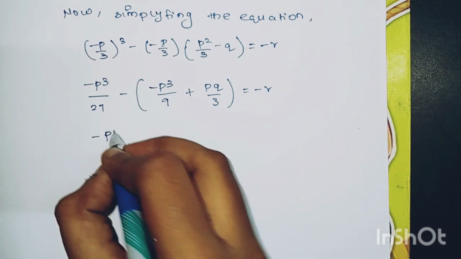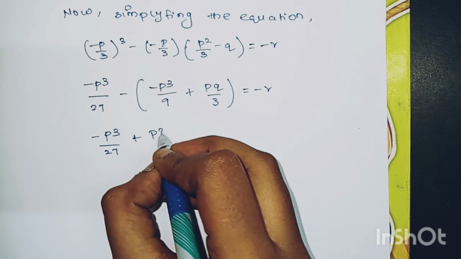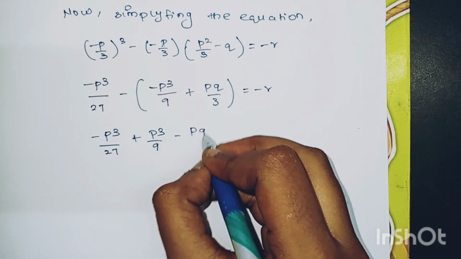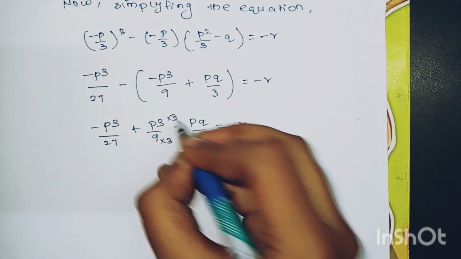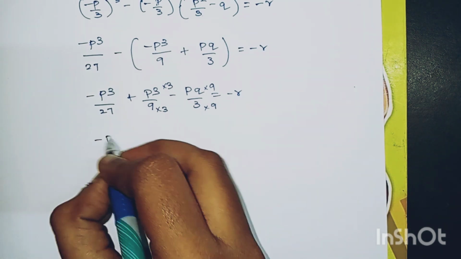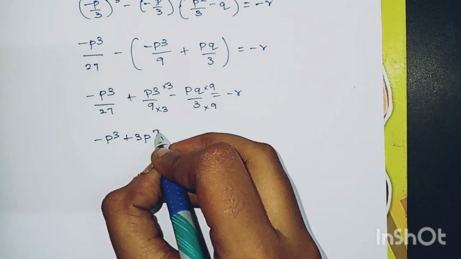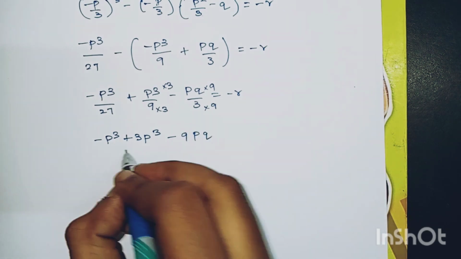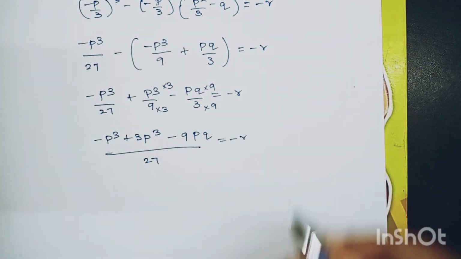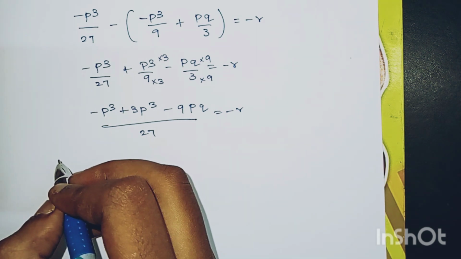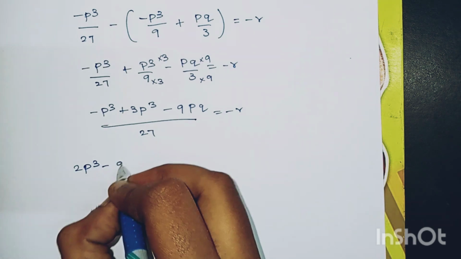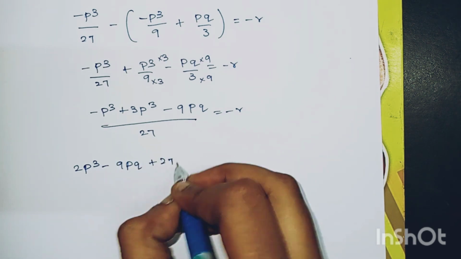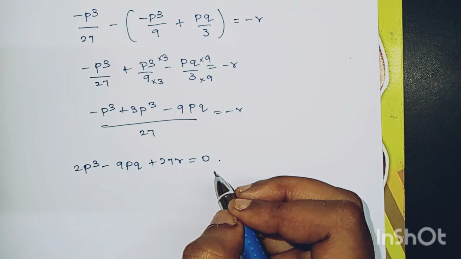Now take the LCM of 27, 9 and 3. After taking the LCM you get minus p cube plus 3p cube minus 9pq divided by 27 is equal to minus r. So at last you will get the equation 2p cube minus 9pq plus 27r is equal to 0.